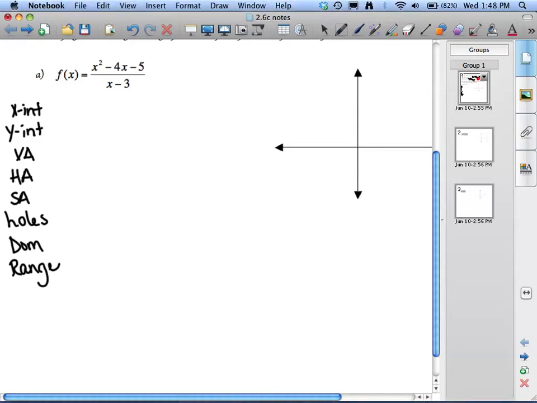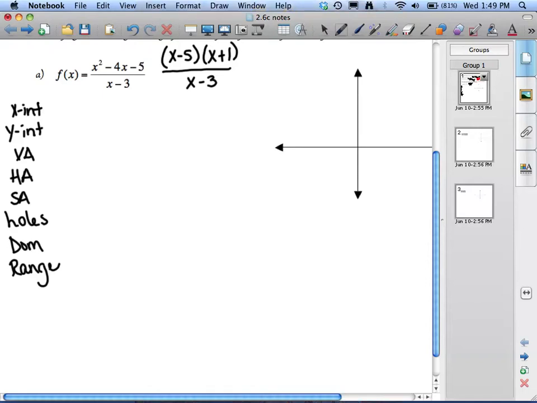What's the very first step that I always do first? Factor. You always factor first. Before you do anything else, you're going to factor. So don't waste time thinking what to do first. You factor it. Write it down. Does anything divide out?